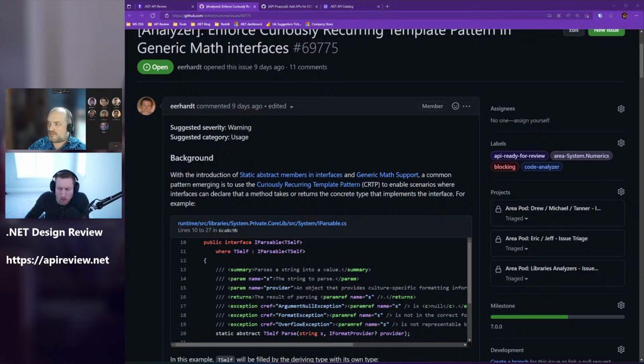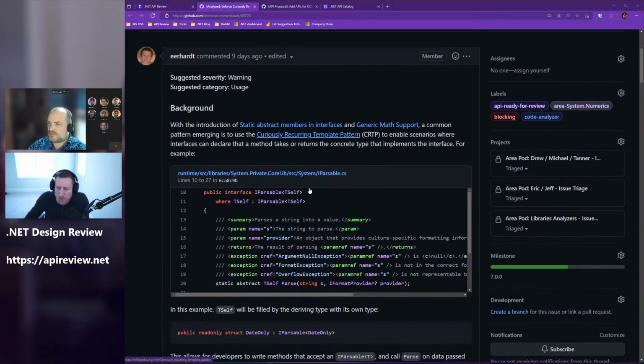What would that look like in terms of code changes? Potentially something like IParsable this TSelf, or where TSelf is some of this, or maybe some new keyword like self, but there'd just be some language syntax for declaring that the generic parameter actually represents the self type, and then that would light up a lot of new functionality in the language for said generic type.